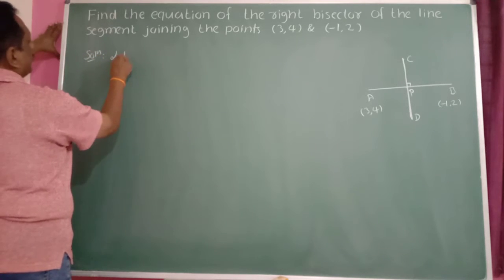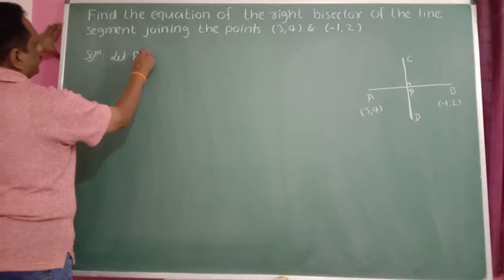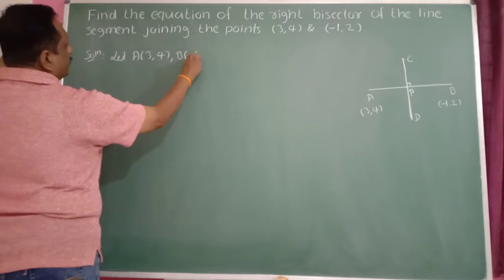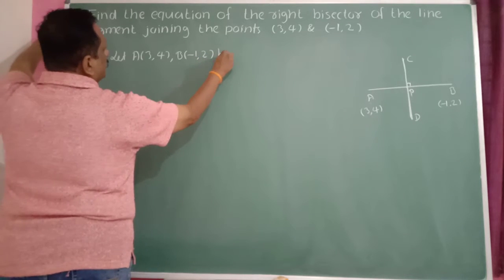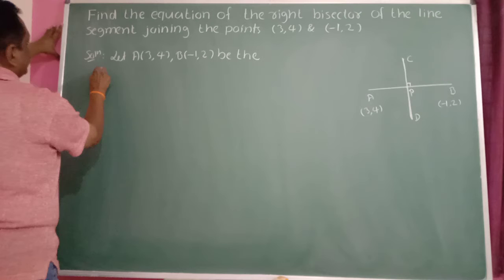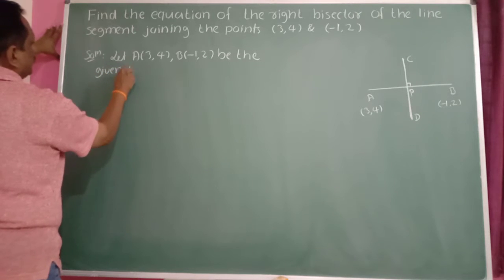Therefore, consider A(3, 4) and B(-1, 2) be the given points.